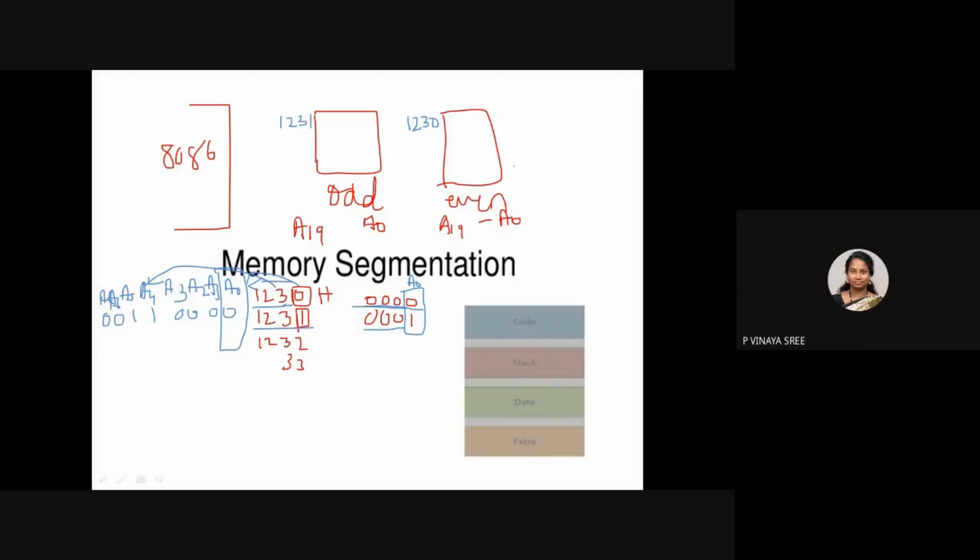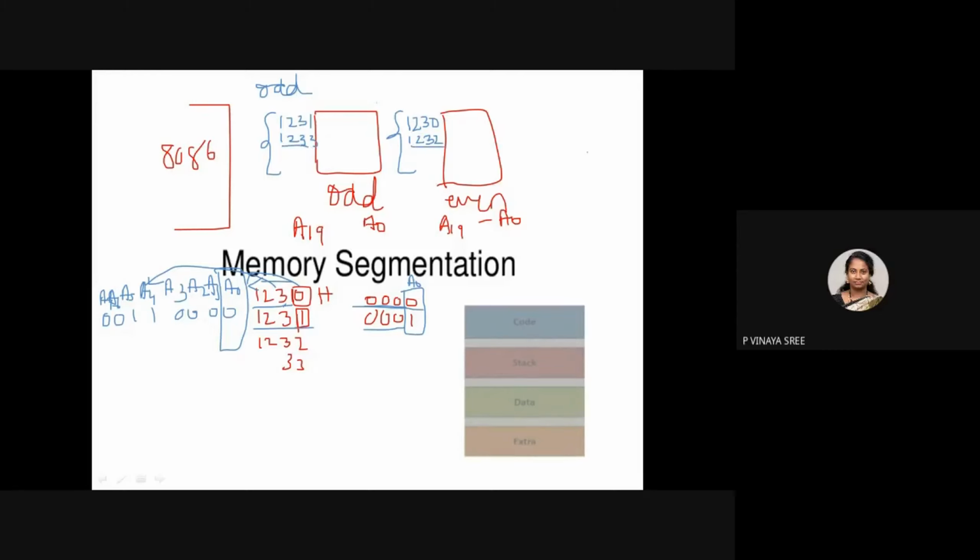In this case, we are placing even addresses in the even bank, and here you will place all odd addresses in the odd bank. Next you will get 1232, and here you will get 1233.